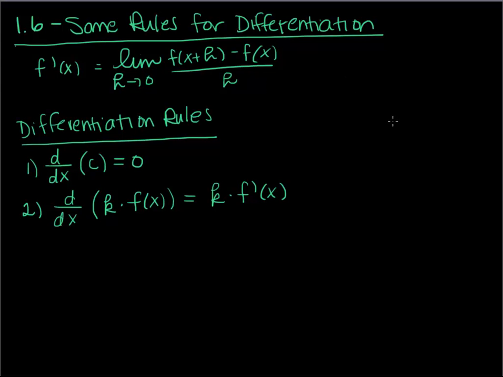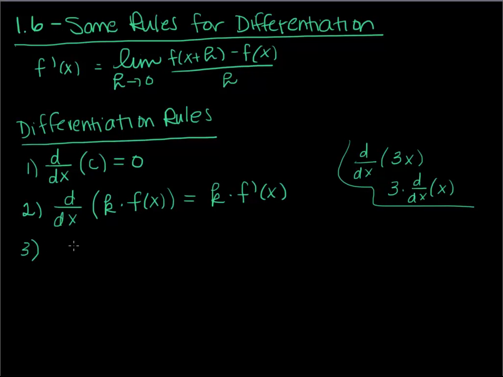We'll do some examples here, but if I know that the derivative of x is 1, which maybe you didn't know, but it is. If I look at the graph of x, that is just a line with slope 1, then the derivative of 3x is really just 3 times the derivative of x. That's all that's saying, that I can just pull out that constant. So we'll just put that on the side there.